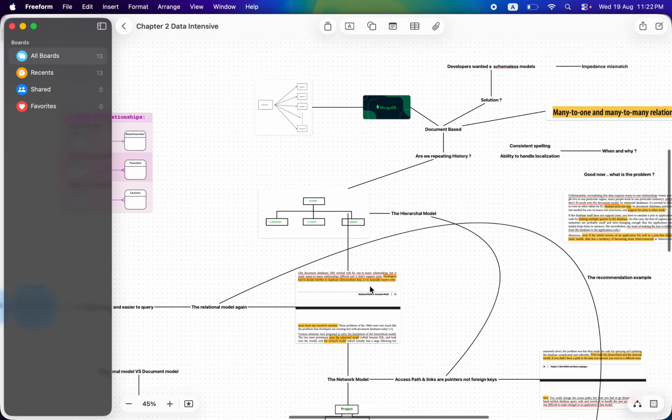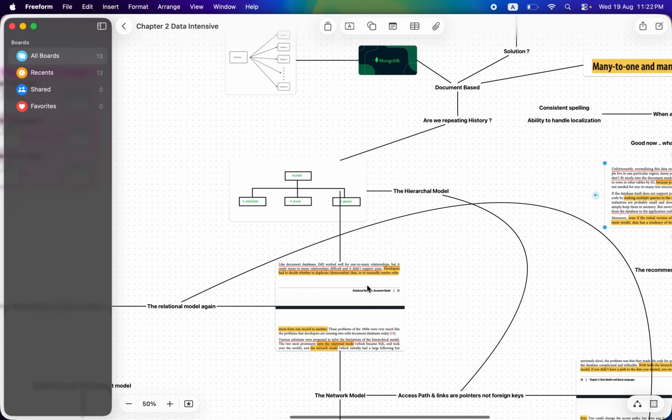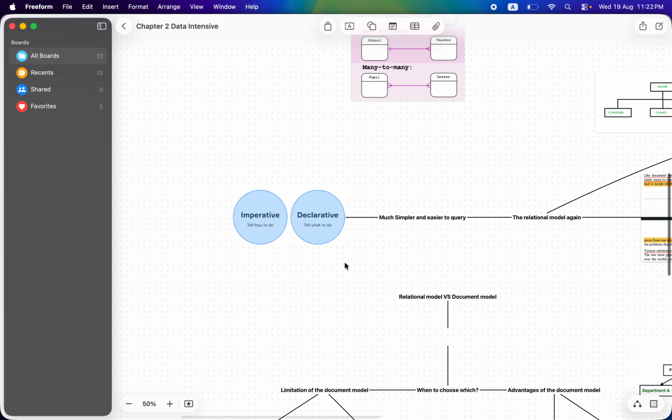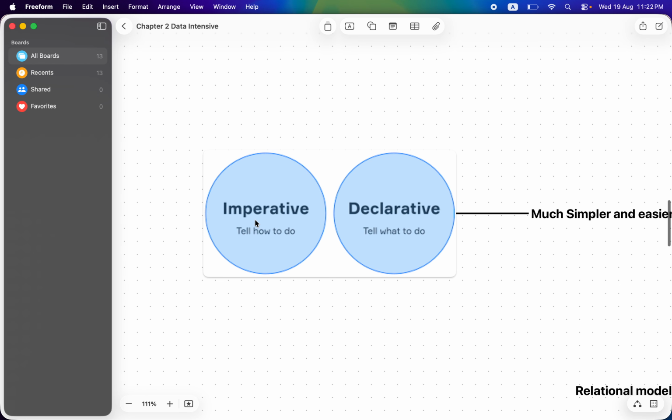Okay, before going to what the problem of the hierarchical model was, I just want to mention that we have two types of query languages: imperative and declarative.